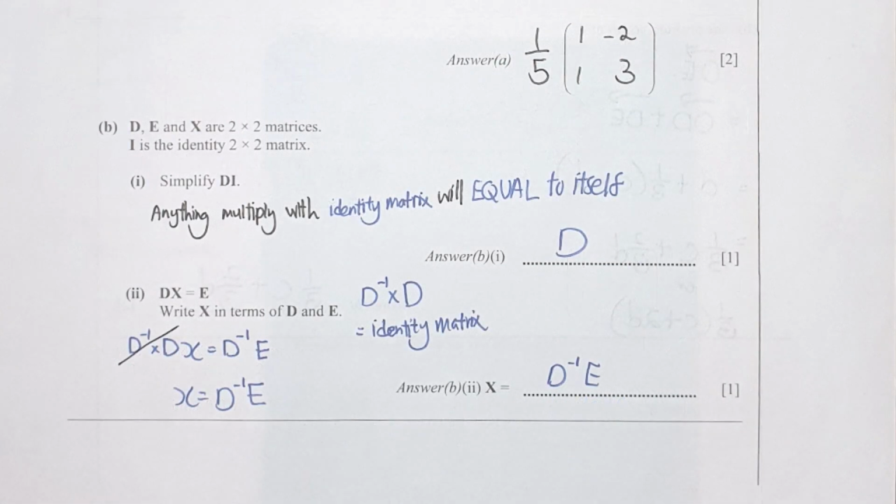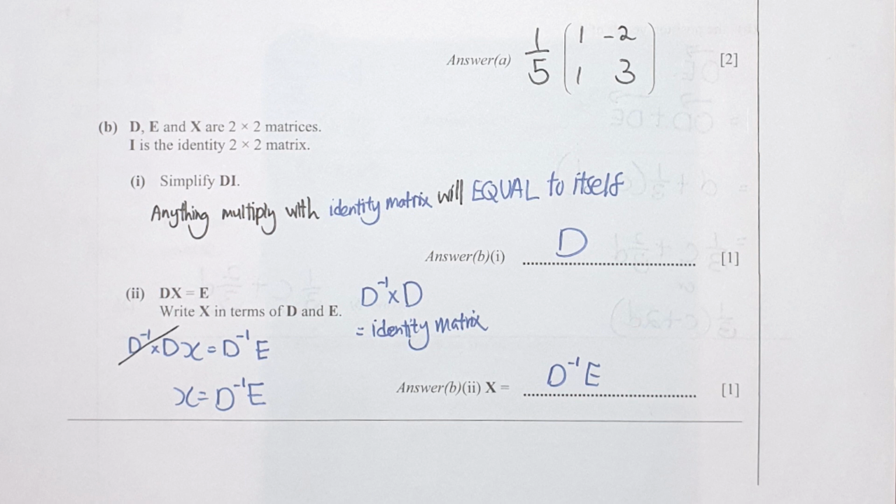So for part 2, identifying x in terms of D and E. D times x equals E. In order to get rid of D itself, we are required to take D inverse multiplied by D, because any matrix, when you multiply it with its inverse, you will get the identity matrix.